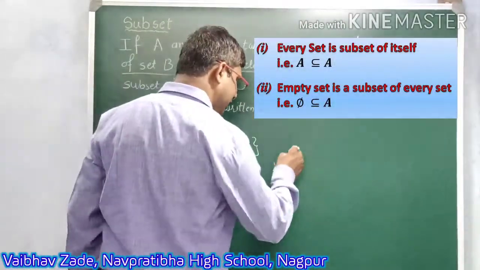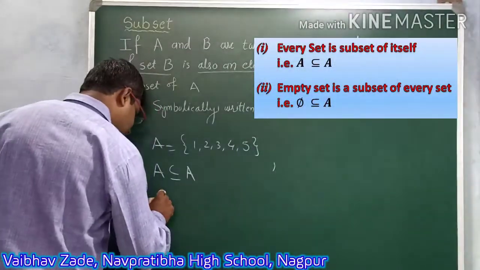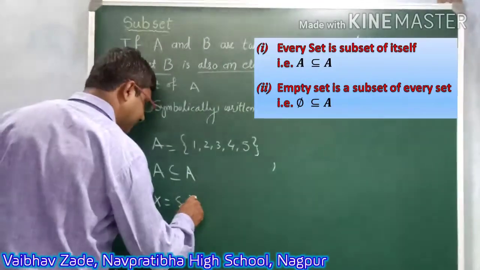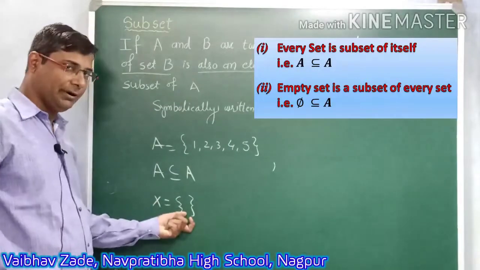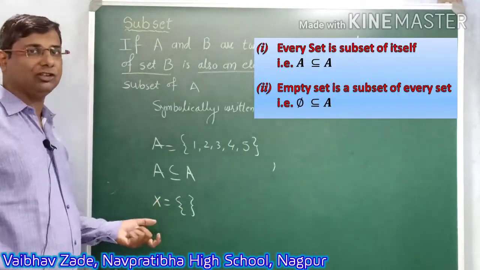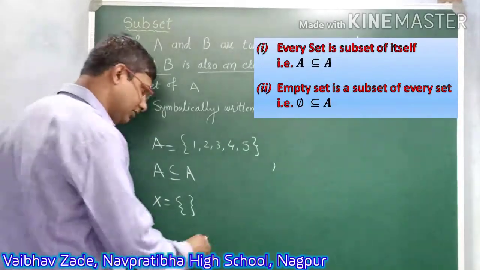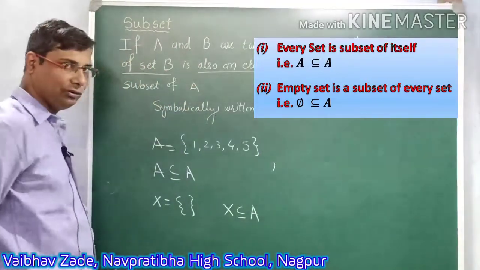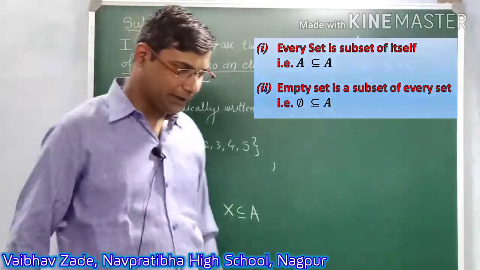I take another example. See, X equals empty. This X has no element, hence X is an empty set, but every empty set is a subset of every set. It means X is a subset of A also.